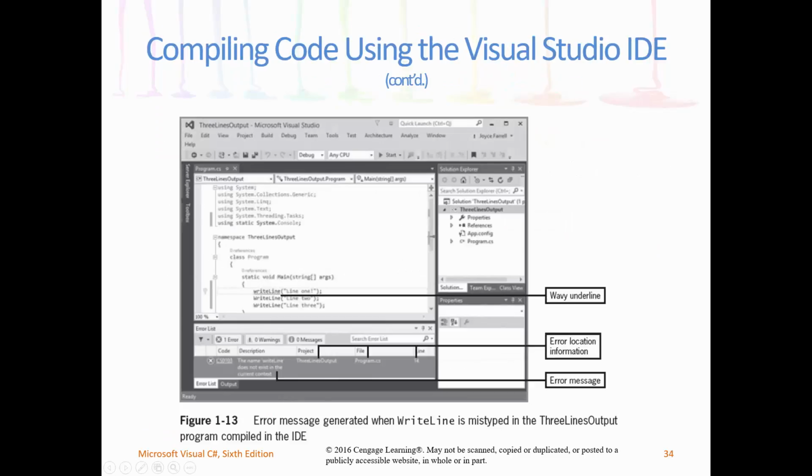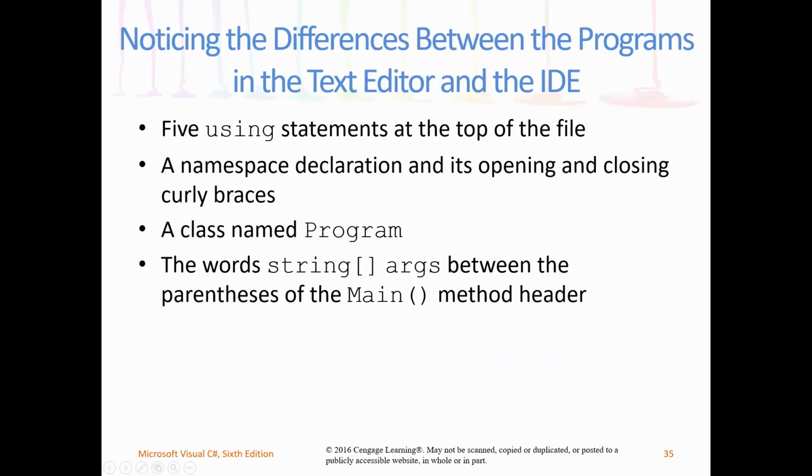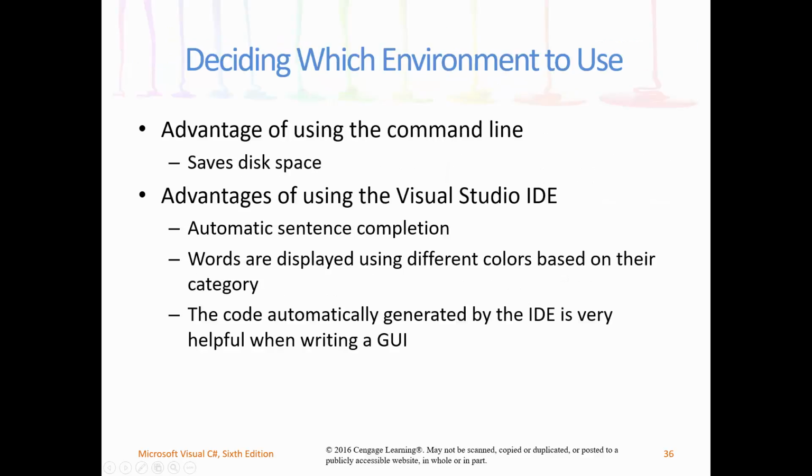I already showed you some compile errors and where the error messages go, so we've already gone through that. Advantages of using the IDE: those using statements were put in there for us, and the curly braces were put in there for us. You can, and it is totally legitimate, write a C# program just using Notepad.